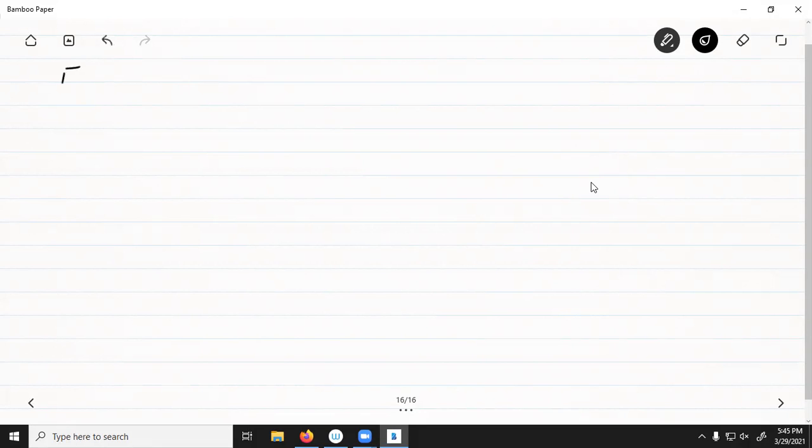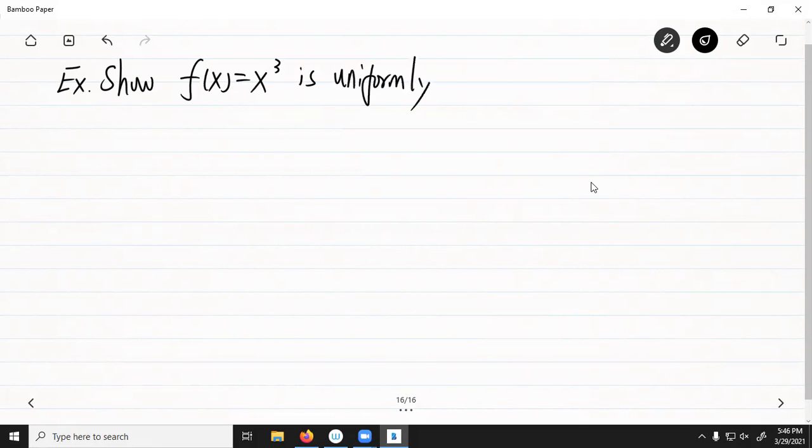So now we want to show that the function f of x equals x cubed, which we know is very steep in some places, is uniformly continuous on the closed interval from 0 to 20.